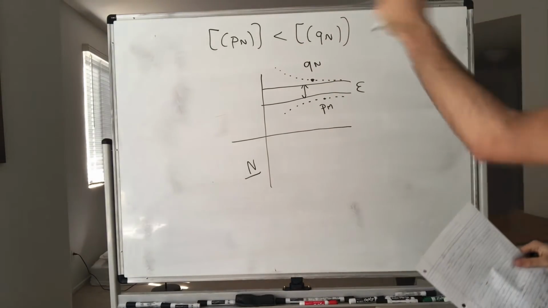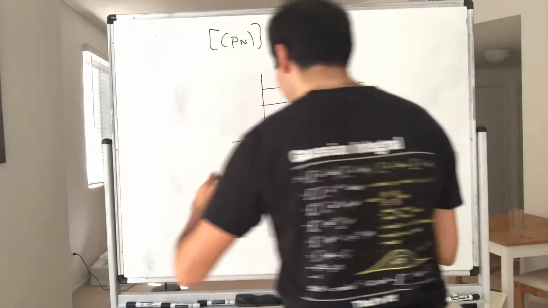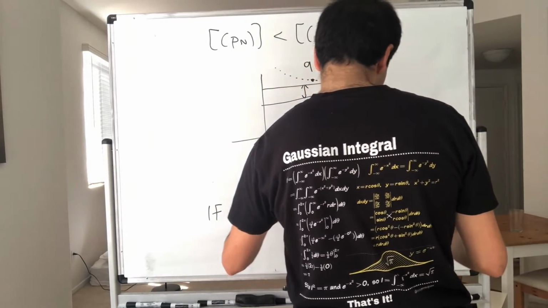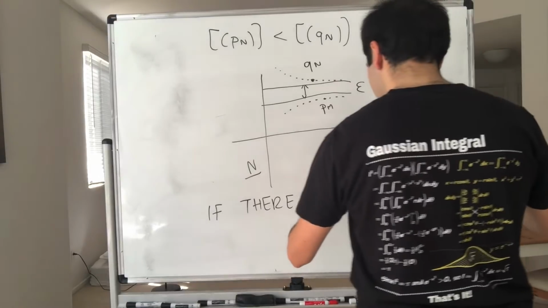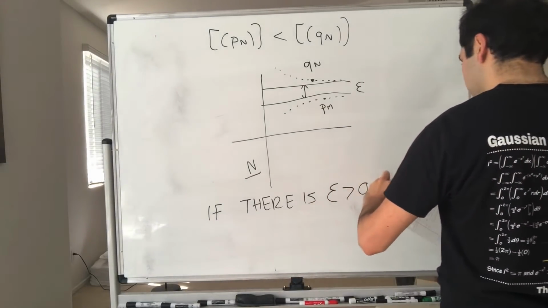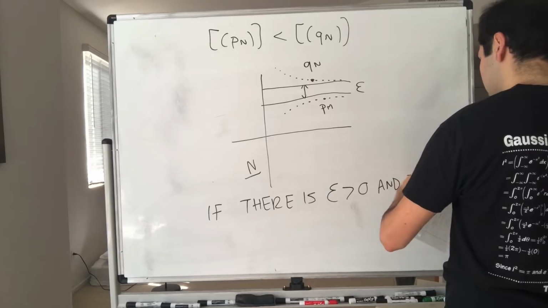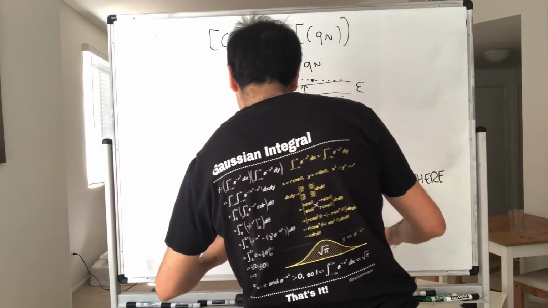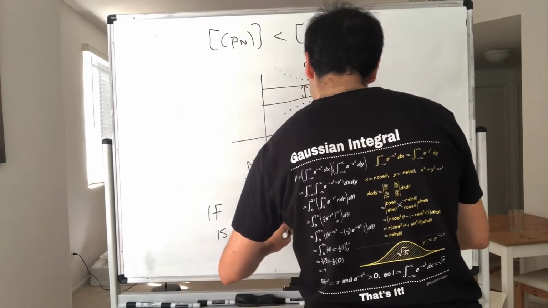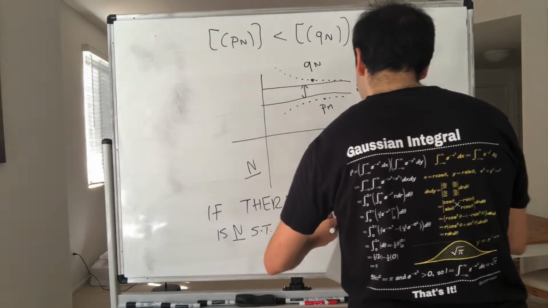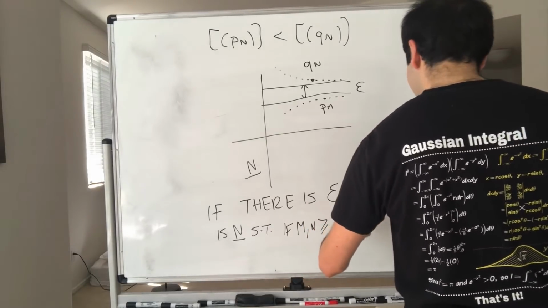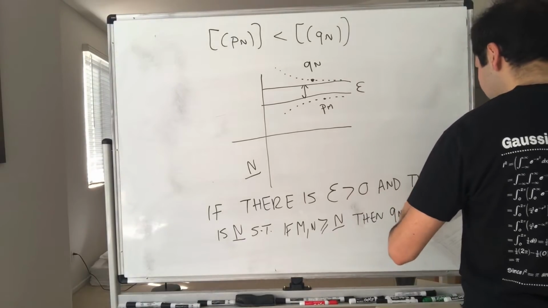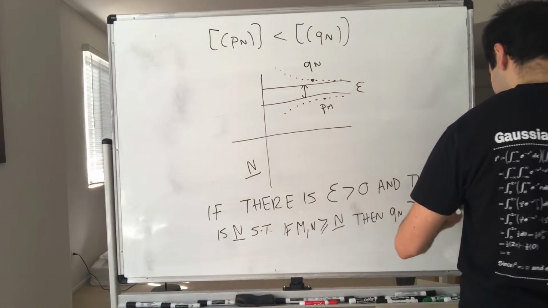So, to formalize this, Pn is less than Qn if there is epsilon and there is capital N, such that if m and n are bigger or equal to capital N, then Qn is always bigger than Pm plus epsilon.